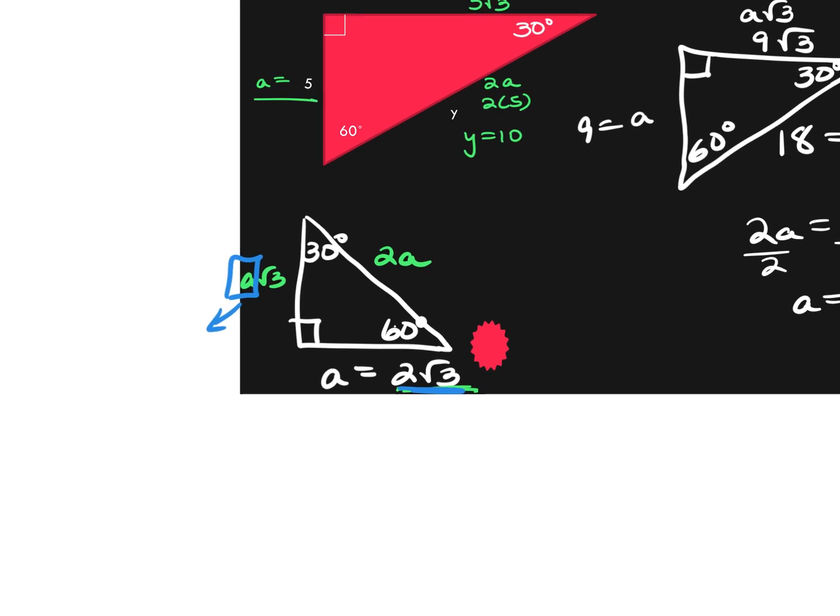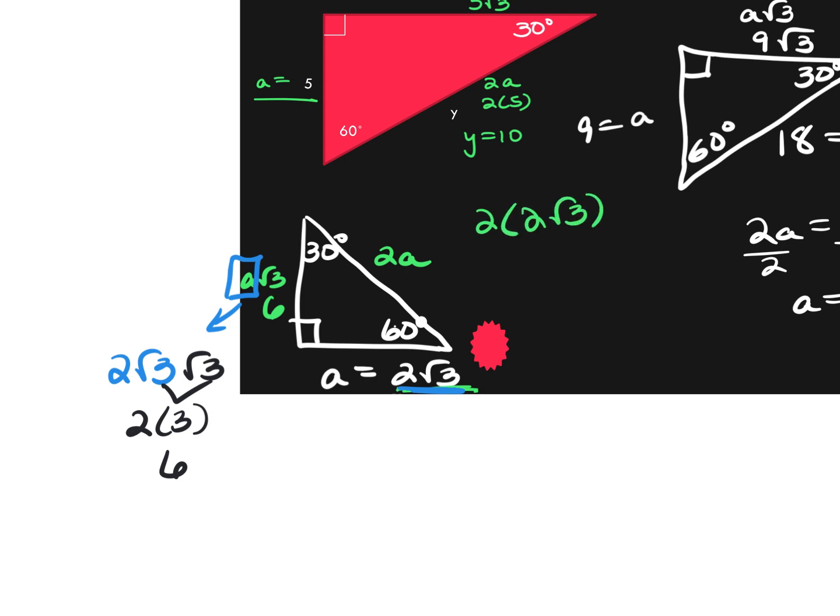So I'm going to be doing 2 square root 3, then put the square root 3, that's part of the thing you're memorizing, pair of square root 3's, so a 3 comes out, so 2 times 3, and this side is 6. For the hypotenuse, 2 times 2 square root 3, multiply outside with outside, and the hypotenuse is 4 square root 3.